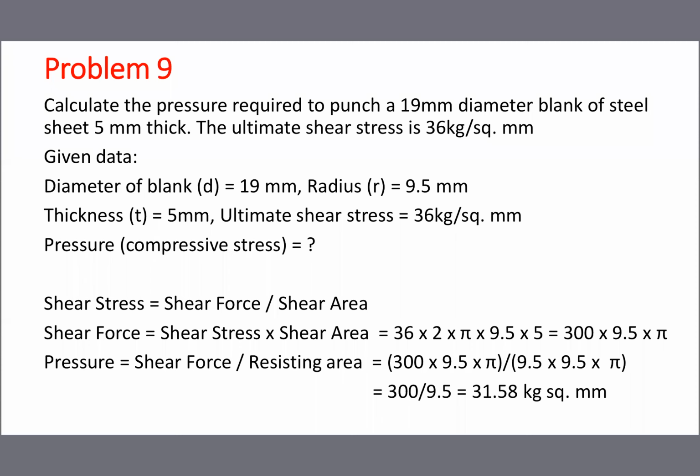So the diameter is 19 mm, and the thickness of the coin here in our problem is 5 mm. That type of blank we require, 19 mm diameter and 5 mm thickness, similar to our coin, in mass production. Normally to prepare coins, they go for mass production, and in mass production they use the press.